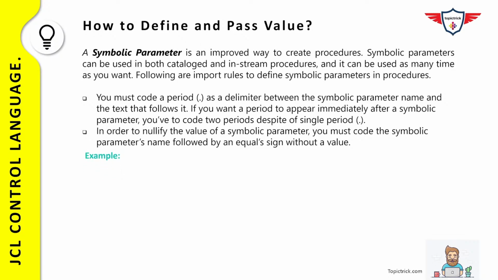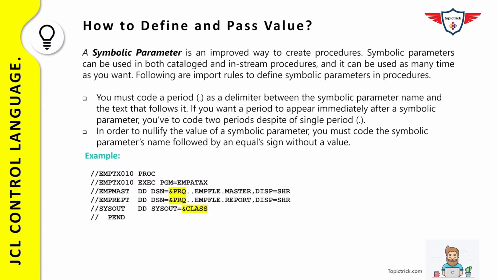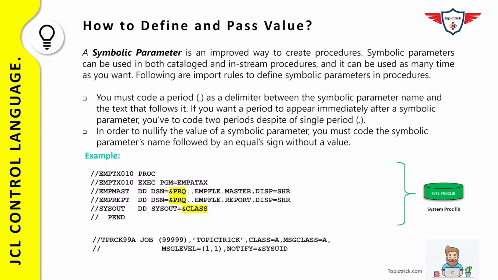The following example illustrates how to use symbolic parameters in your catalog or in-stream procedure. In this example, we have a catalog procedure which is stored in the system library, that is SYS1.PROCLIB, and the catalog procedure name is EMPTX010. The proc is using two datasets.